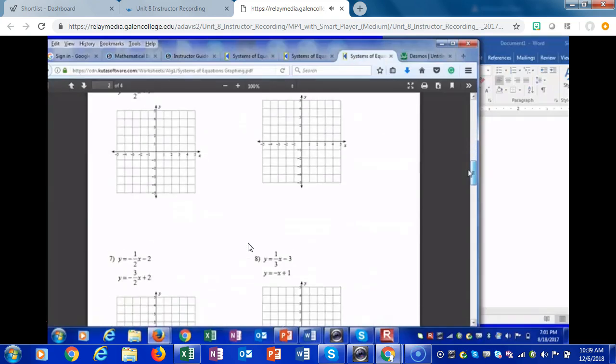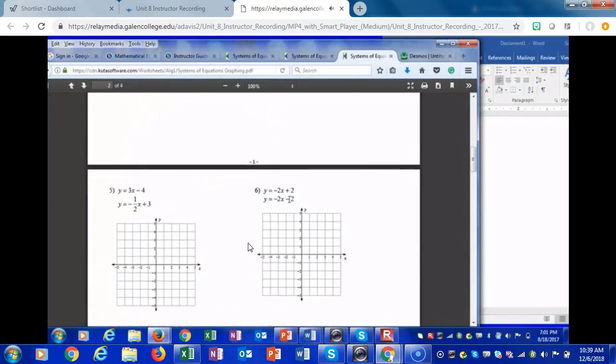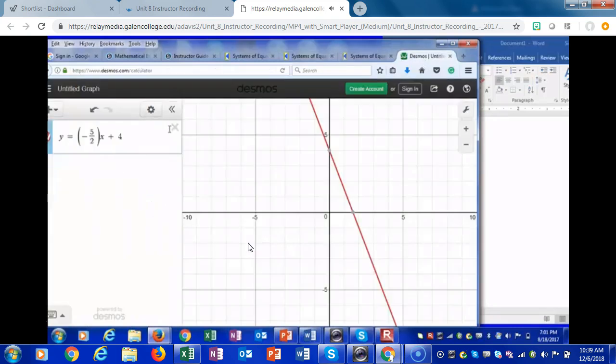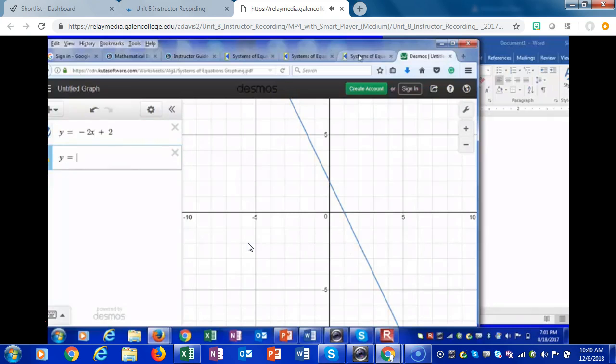Let's see. Do we have another one here? Let's do this one. Y equals negative 2x plus 2. And y equals negative 2x minus 2.